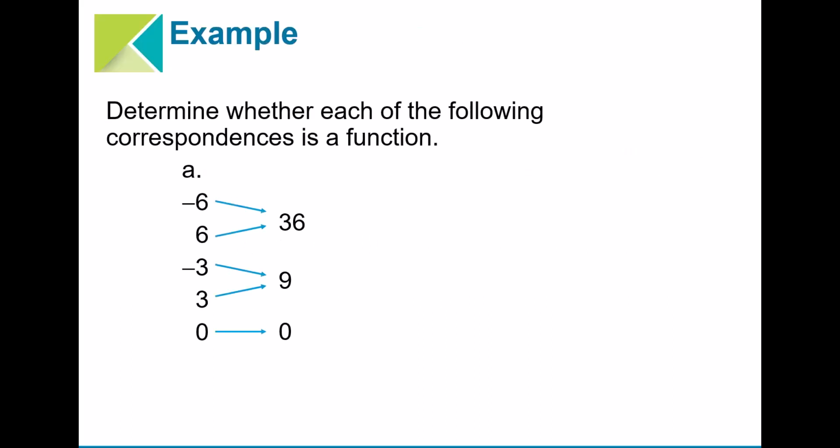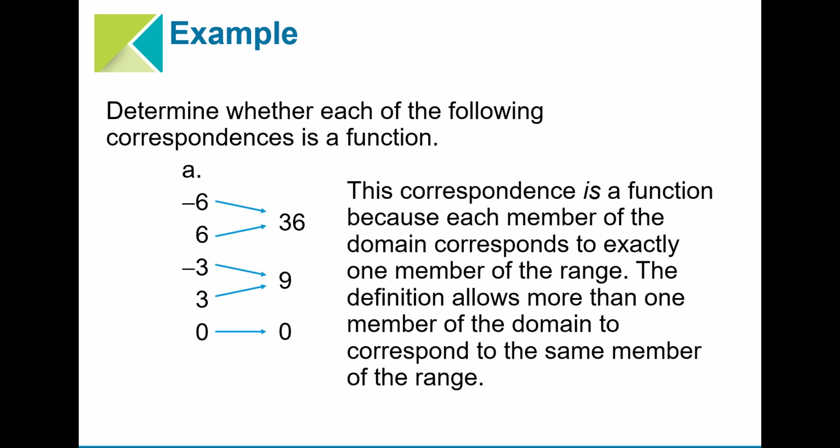So if we're given a list of these values and we want to figure out if this is a function, this is a function because each member of the domain corresponds to exactly one member of the range. In other words, you don't have -6 going to 36 and also going to 9.